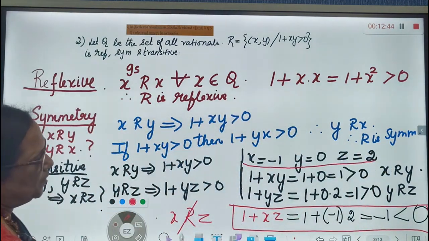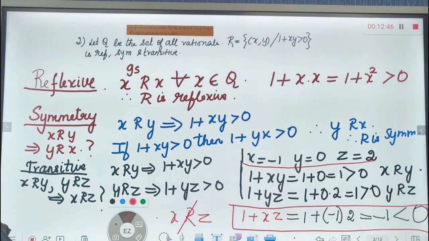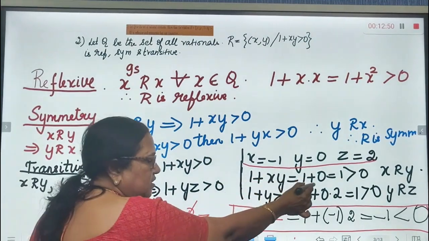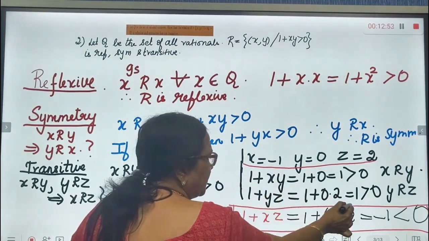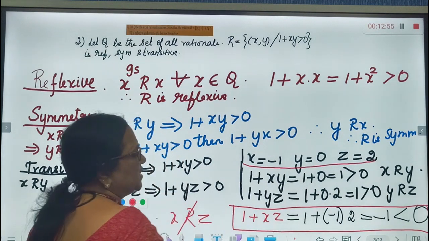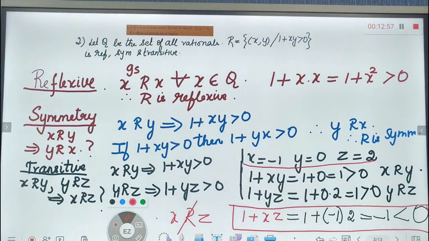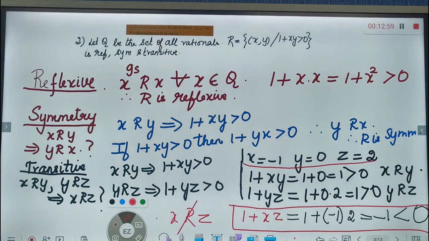I have taken x to be minus 1, y to be 0, z equal to 2. 1 plus xy is greater than 0, 1 plus yz is greater than 0, but 1 plus xz is less than 0. Therefore, it fails to be transitive. So, this relation 1 plus xy greater than 0, where Q is the set of all rationals, is reflexive and symmetric, but not transitive. Is it clear?